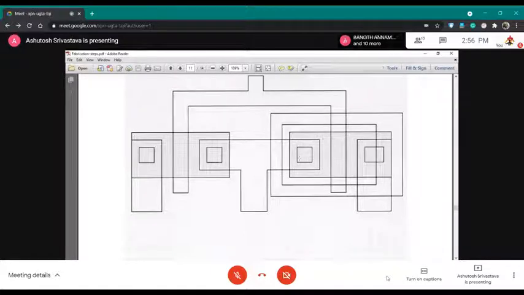So one which is reflected on the left hand side and one which is reflected on the right hand side.